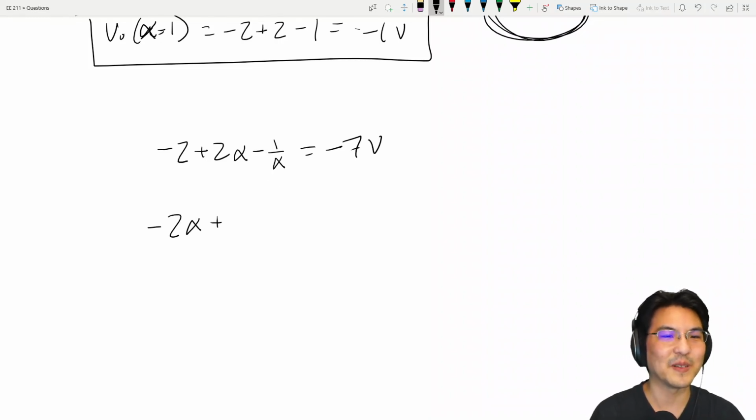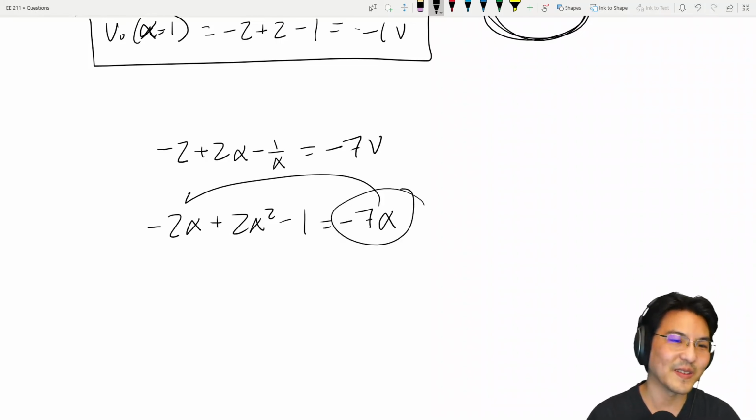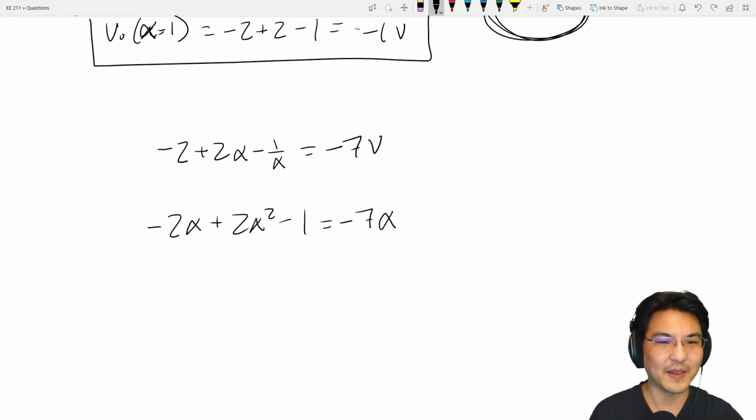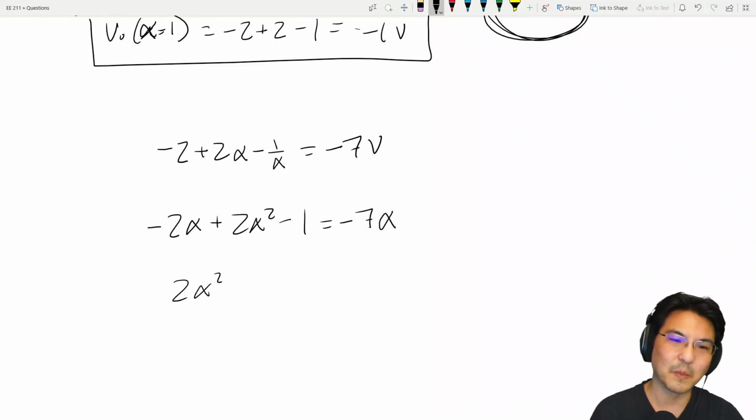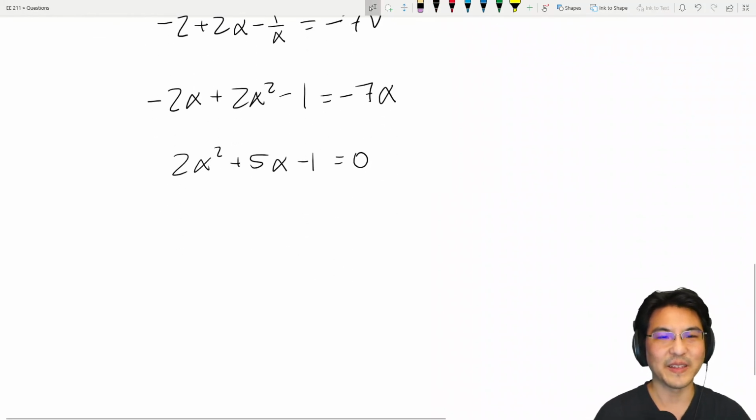Minus 2 alpha plus 2 alpha squared minus 1 equals -7 alpha. Let's move this over to this side. So we got 2 alpha squared plus 5 alpha minus 1 equals 0. And then we just solve this quadratic, and then we're good.